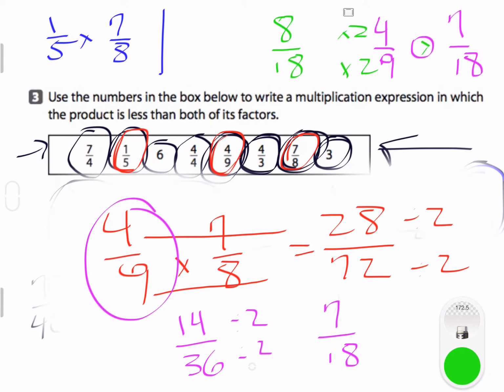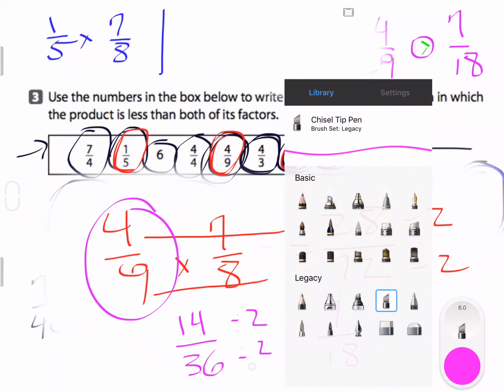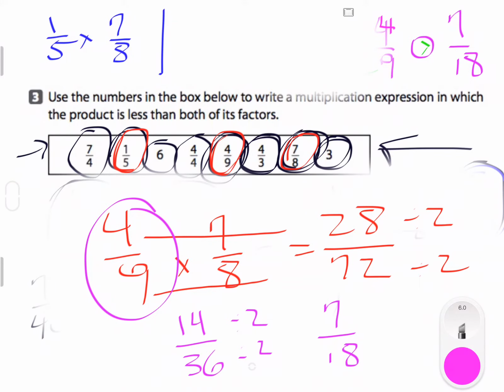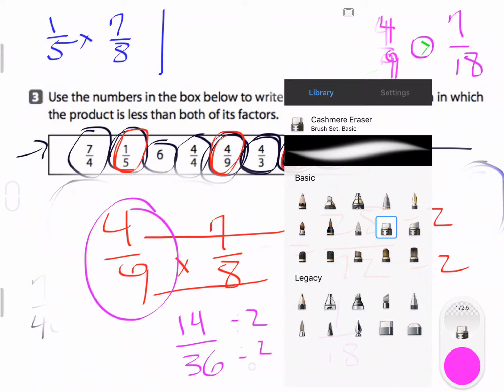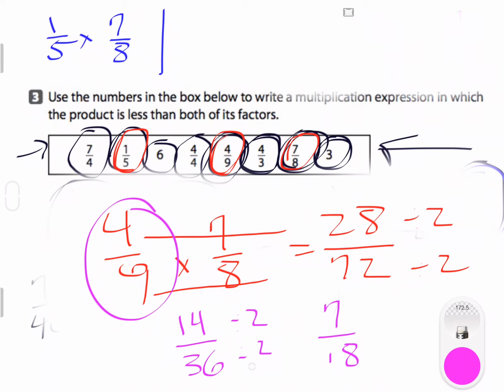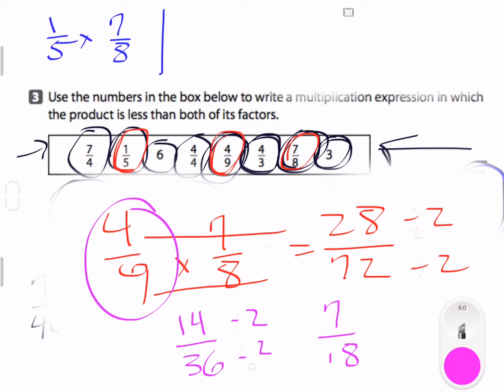Let's clean this up a little bit so that we can do the final combination of two fractions. Good. So we have 4/9 times 7/8, which is a perfectly valid answer.